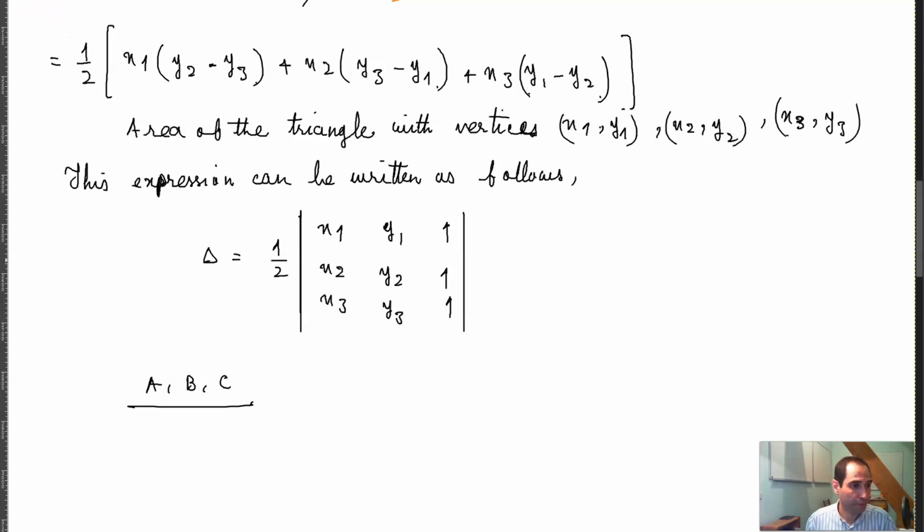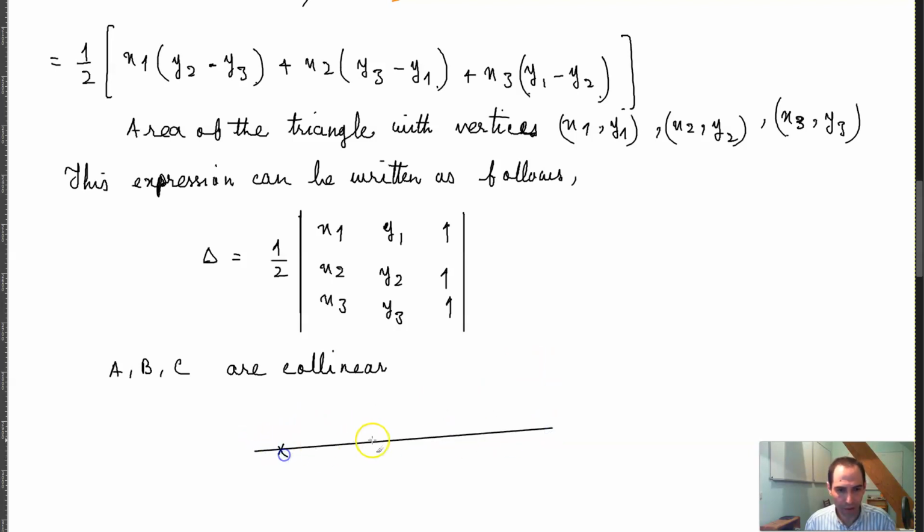So first of all, if three points, A, B, and C, are collinear, what that means is that they are on the same line, on a straight line.